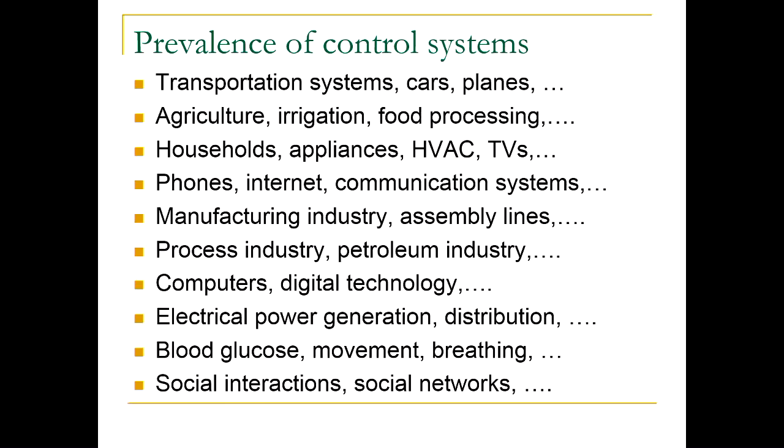You want to have as good a harvest as possible, and that requires careful control of humidity, temperature, etc. So this is just a subset of possible applications of control. These days, control has found its place in every area of science as well.